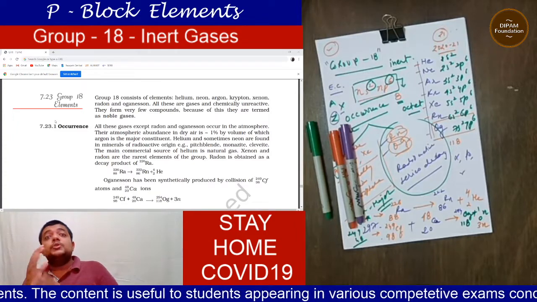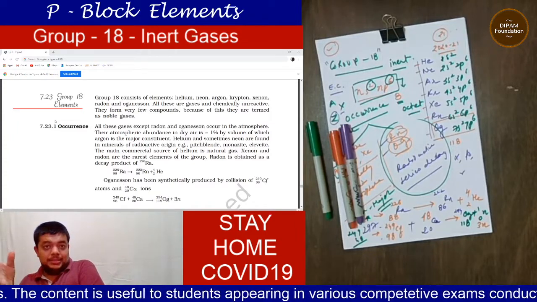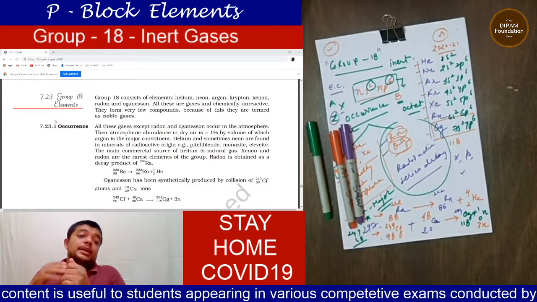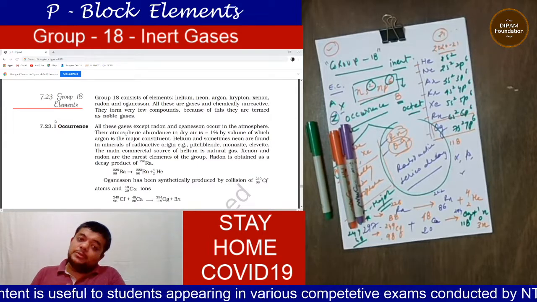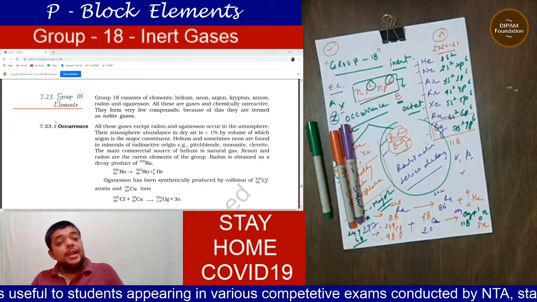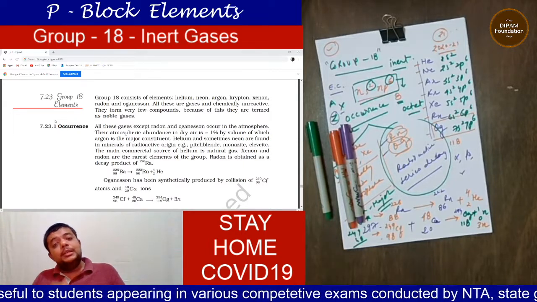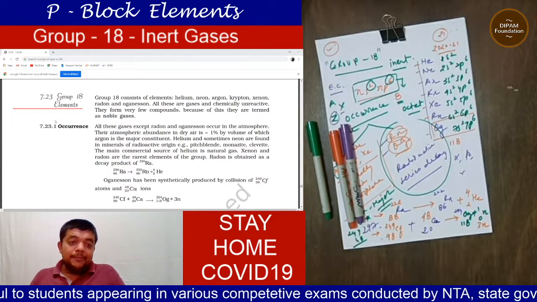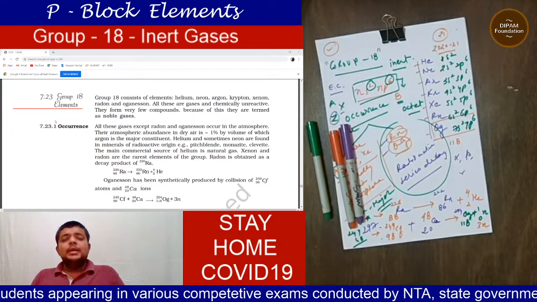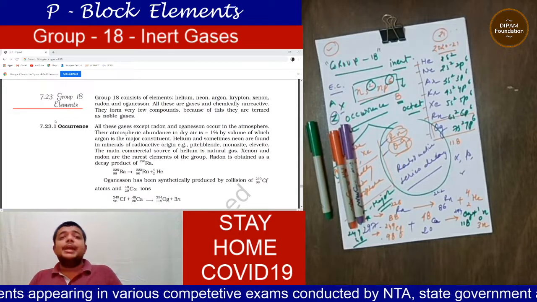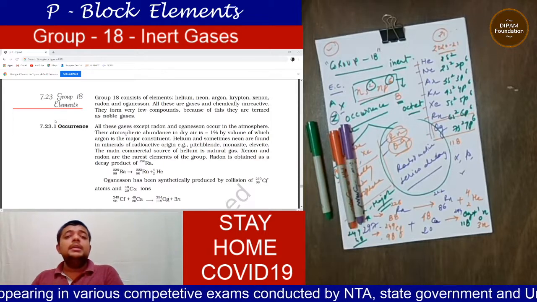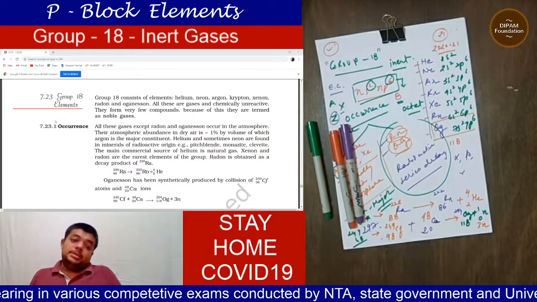But there are two elements, radon and Oganesson, which are not available directly, hence they are obtained by different radioactive decay series or radioactive reactions. When you take radium and remove a molecule of helium, that is an alpha particle, you end up with radon. Similarly, when you have 98 californium reacting with 20 calcium, you end up with Oganesson and neutrons are emitted.